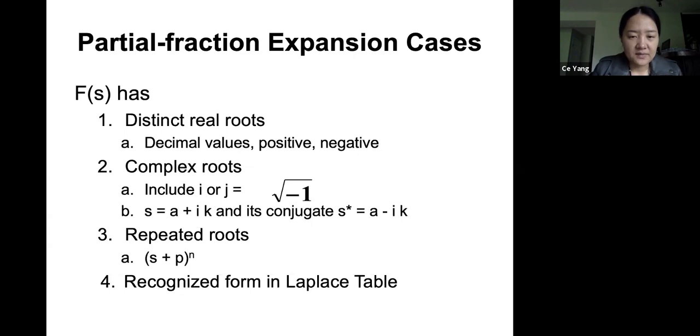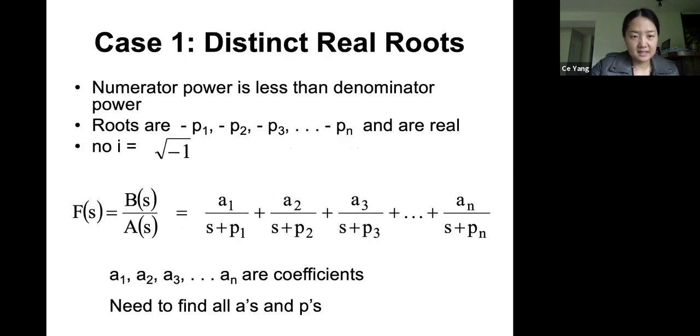We always have a pair of complex roots if we have a complex root, which is s equals a plus ik and its conjugate s star, which equals a minus ik. The third case is repeated roots, which will be covered in lecture 7, Wednesday's lecture. And these are all recognizable in the Laplace table in the course packet.